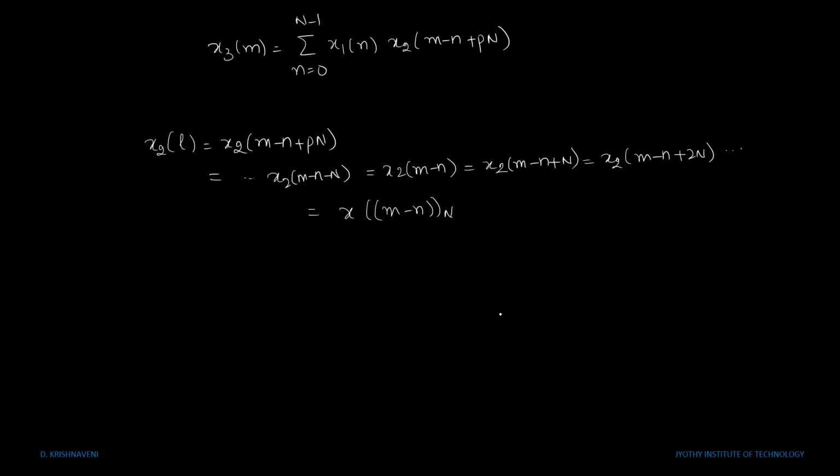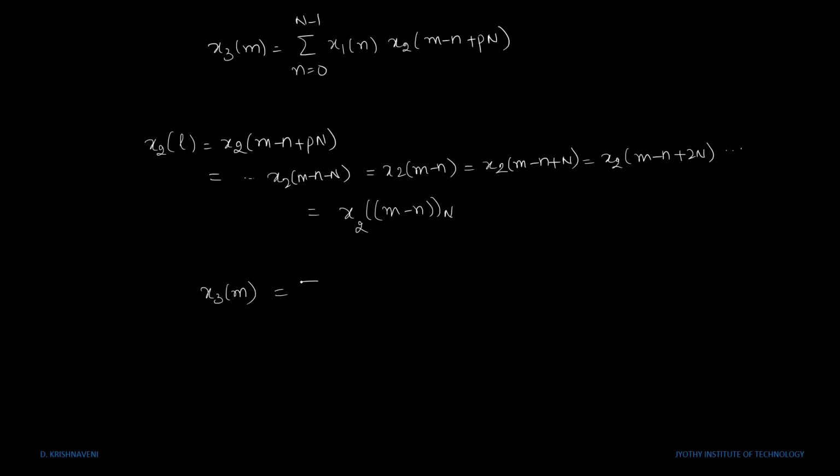So we can write this as x2 of m minus n modulo N. This indicates x2 of m minus n plus Pn is a periodic sequence of period N, and it is a delayed version of x2 of m plus Pn, that is, circularly shifted by n samples. So that's why we can write this as x2 of m minus n modulo N. So we substitute in the previous step.